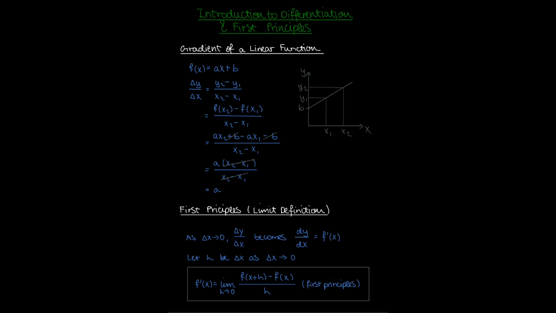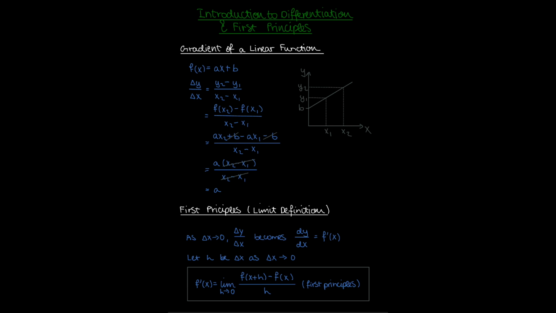Now, f of x2 is going to be the same as f of x plus h, given that x1 is just our x, because we want it to be a function at a specific point. So we say that x is going to be x1, and then how do we represent x2? Well, it's going to be x plus a very small step, which we call h.